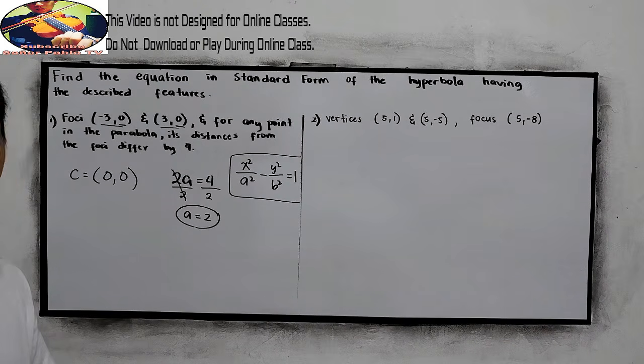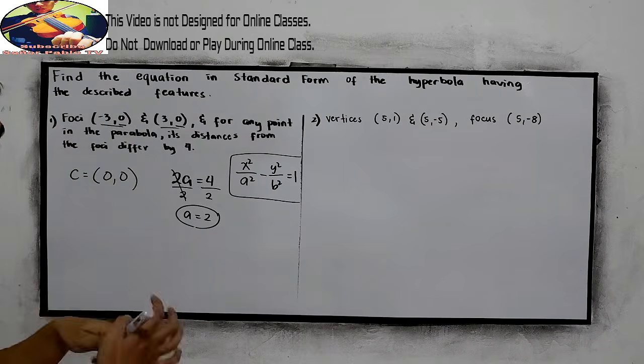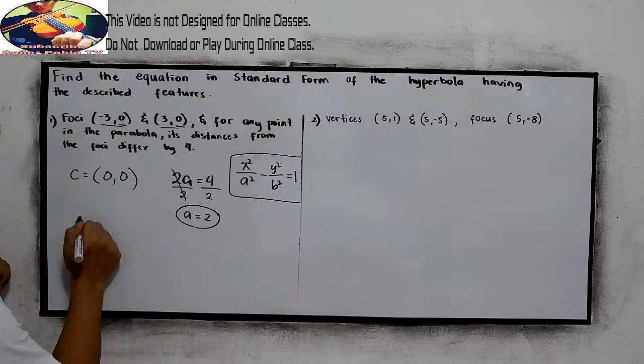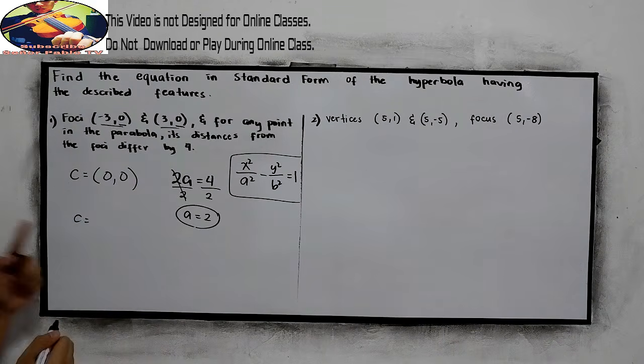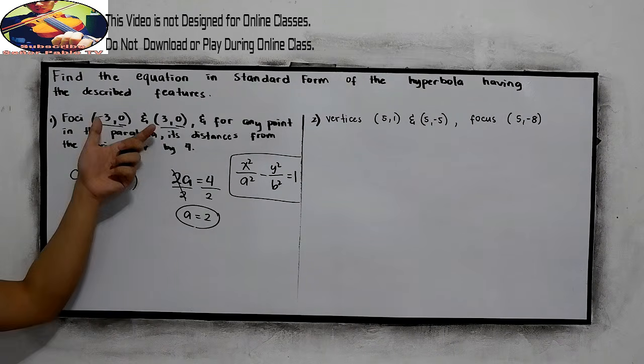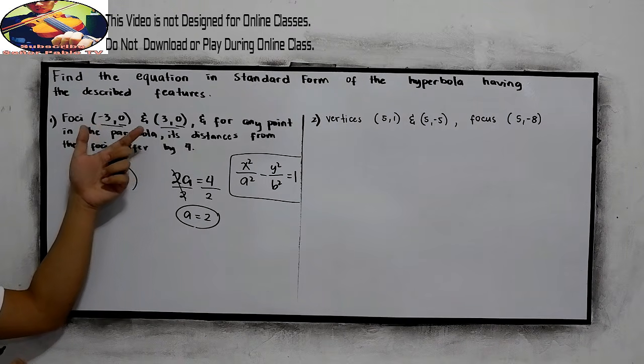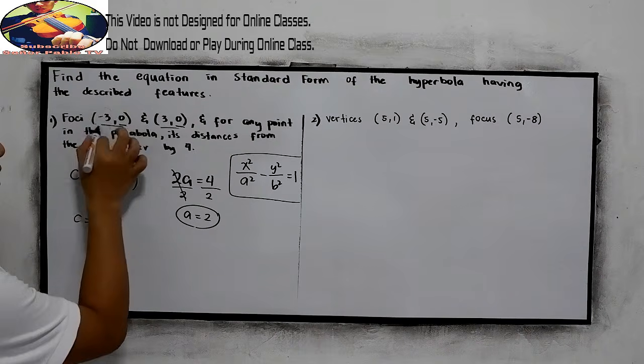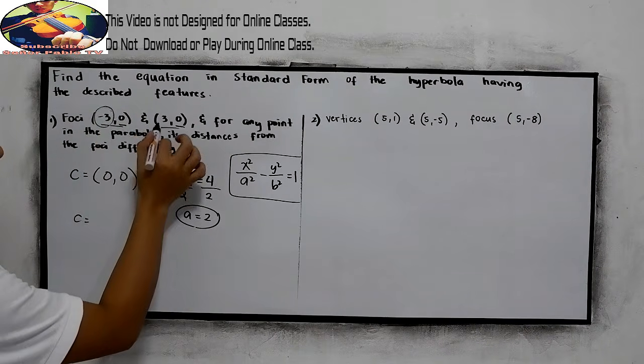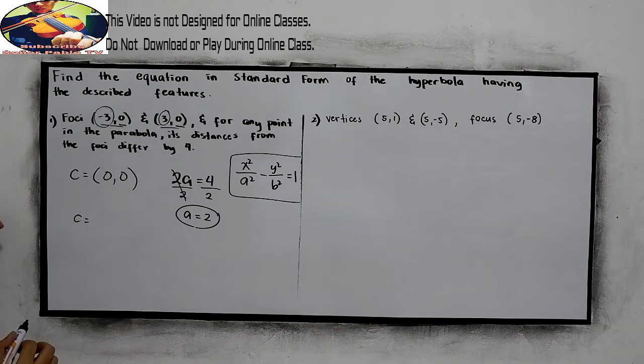So our c, so this is the center. We're going to find c. Study the given again and look in your table in our example number 1 and number 2. The abscissa here is negative 3 and positive c.